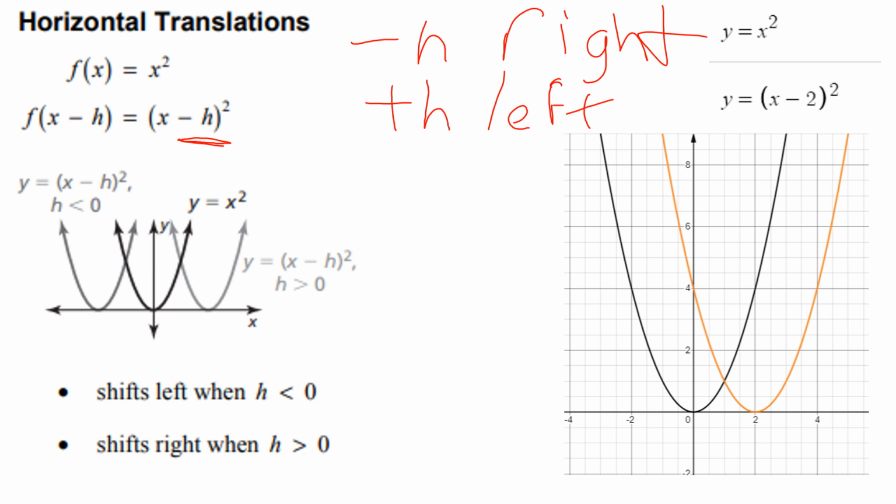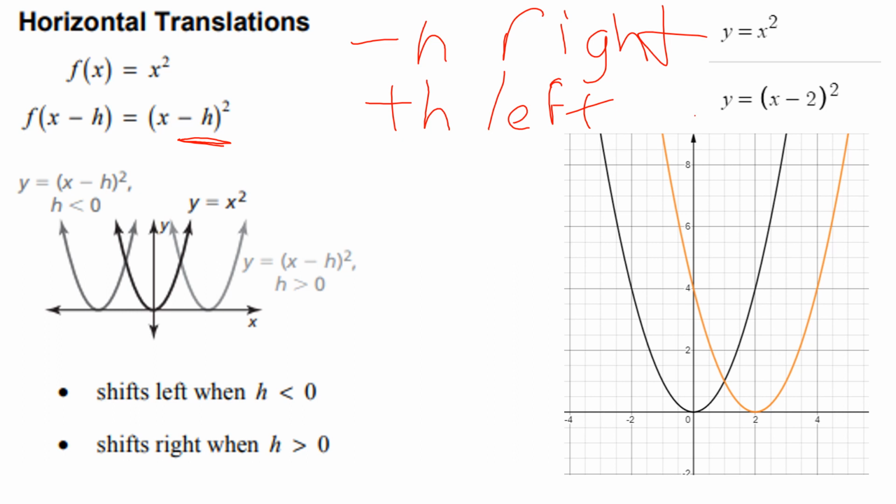Well, let me rephrase that, I'm sorry. I will ask you this on your test: why, when H is negative, does it move to the right? You would say, because, Mr. Howard, the graph represents the solution of the graph. Meaning, when I solve for X, that's what H would be.